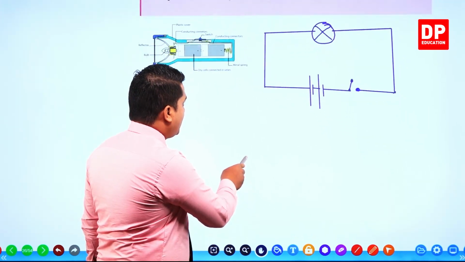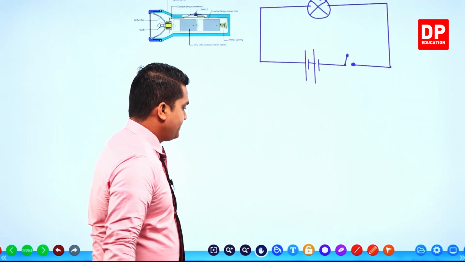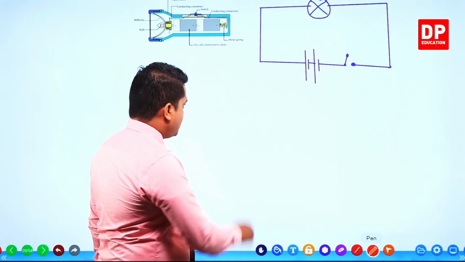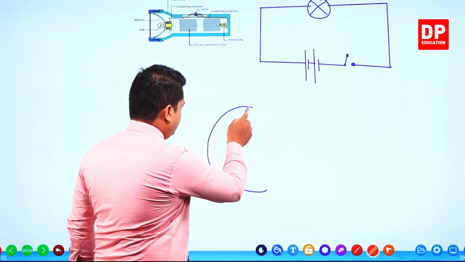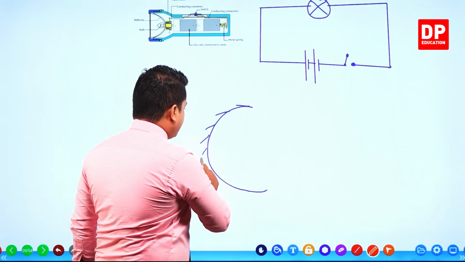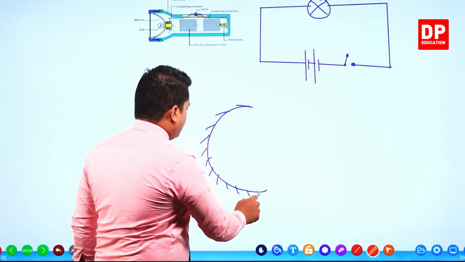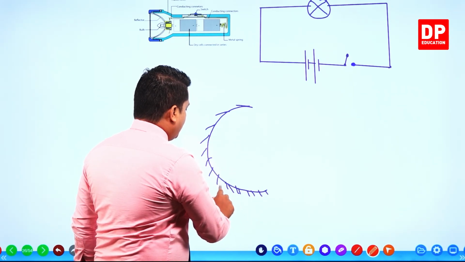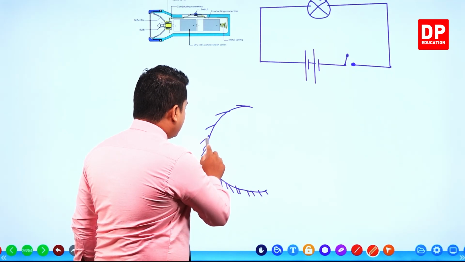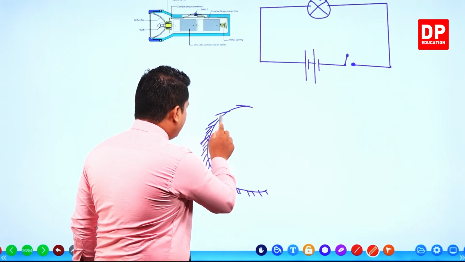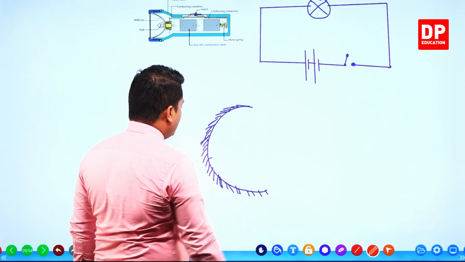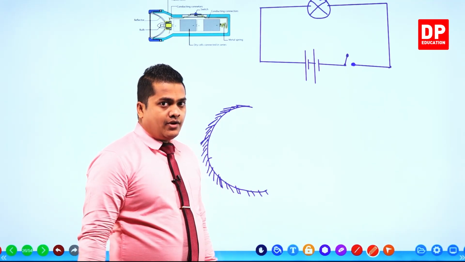The speciality in concave shapes is that when you take a concave shape, in grade 7, you know that this is called the concave mirror. In grade 7, you have studied about the concave mirror.